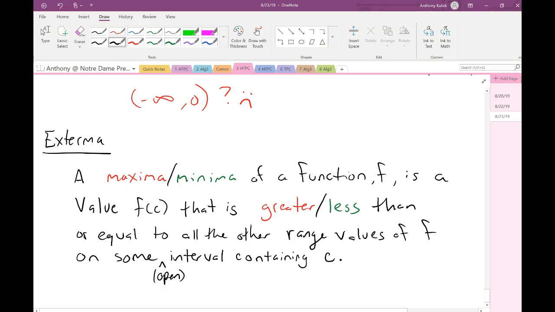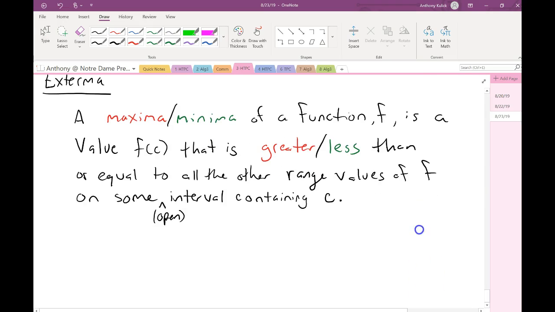By open, I mean the interval has parentheses at both ends of it. This definition doesn't quite work if you allow for closed intervals. C is just some x value. C is the location, basically, of that maxima or minima.